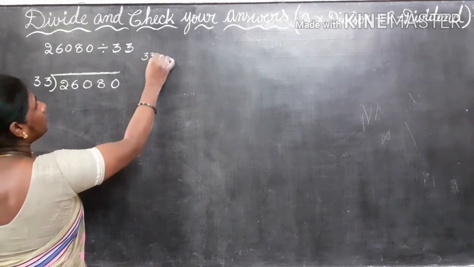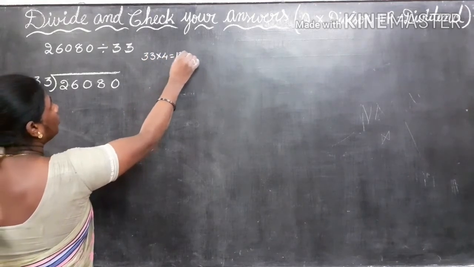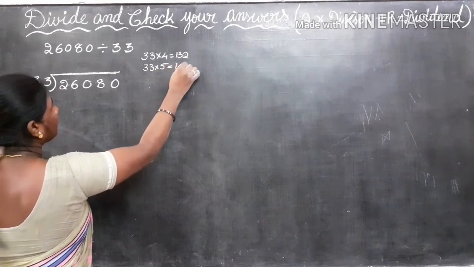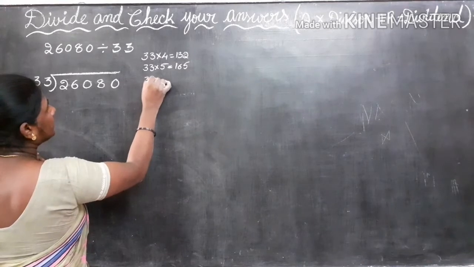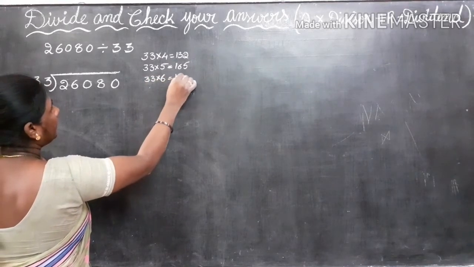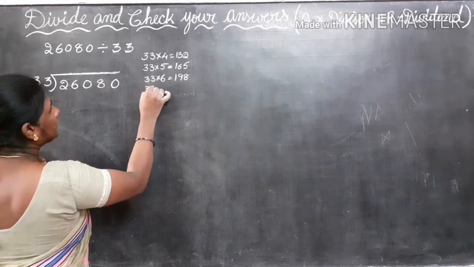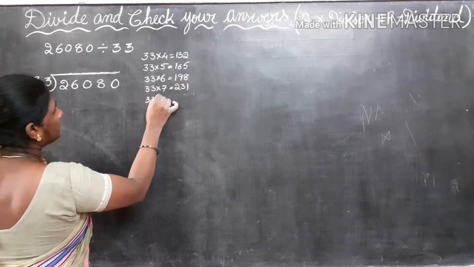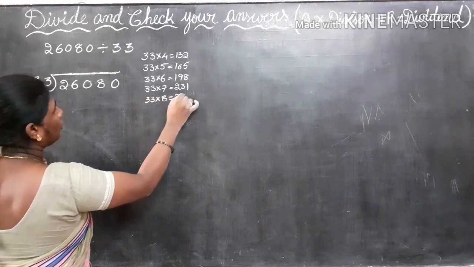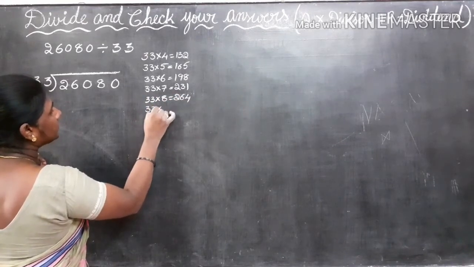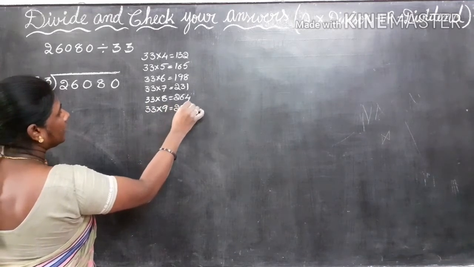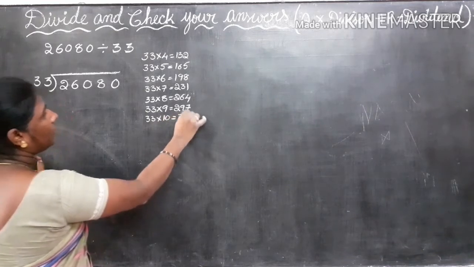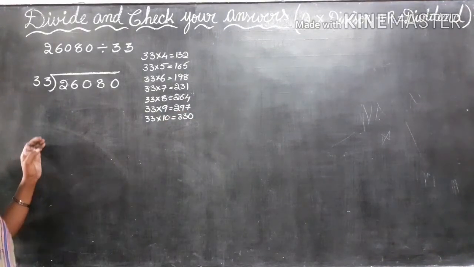So 33 fours 132, 33 fives 165, 33 sixes 198, 33 sevens 231, 33 eights 264, 33 nines 297, 33 tens 330. You write the table for big numbers like this, simply write the table on the side.